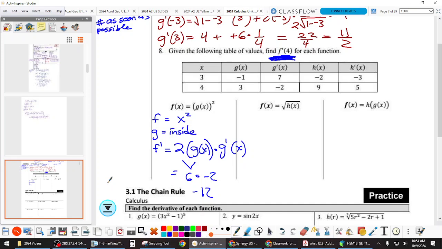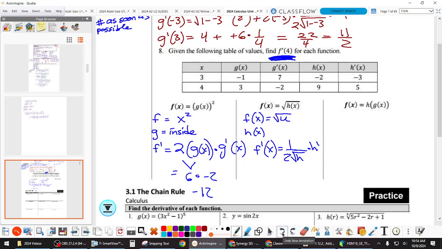Just -1/2 root h of x times h of x. Good. Or h prime of x. So I'm going to write it f prime of x, like what you said, 1/2 square root of h times h prime. Let's just leave those off this time.